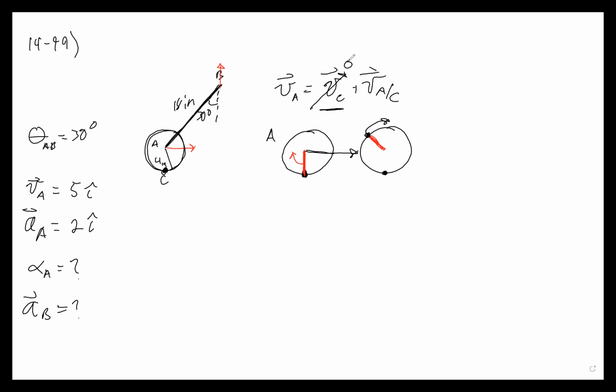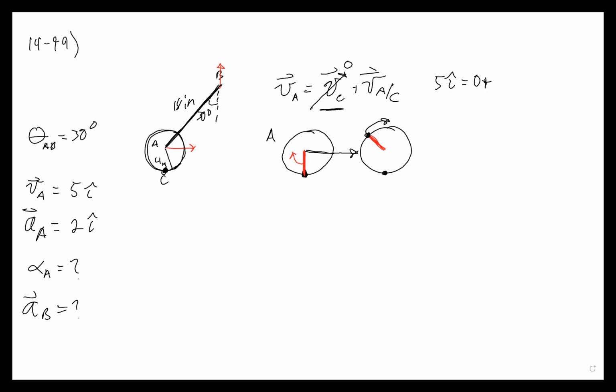Okay, so now do we know the velocity of A? Yes, we were told that the velocity of A is 5I. All right, so that means 5I hat equal to 0 plus the velocity of A relative to C. Well, what is the velocity of A relative to C? It's 5, but we're going to write it in different terms.